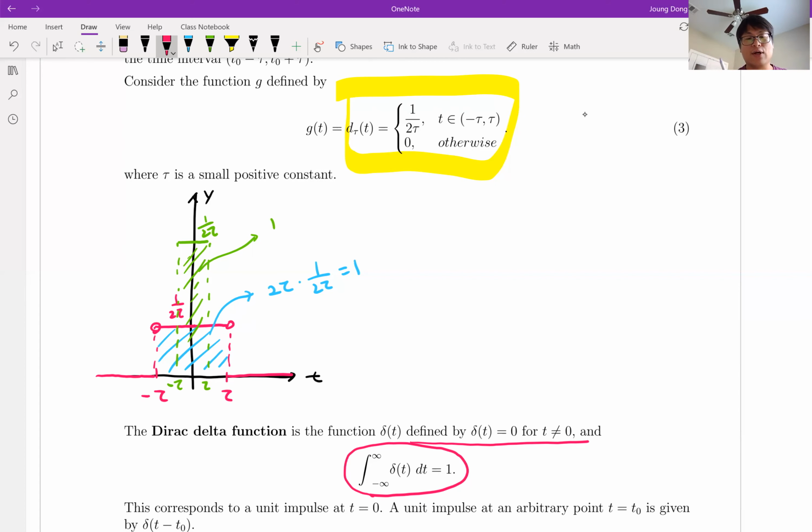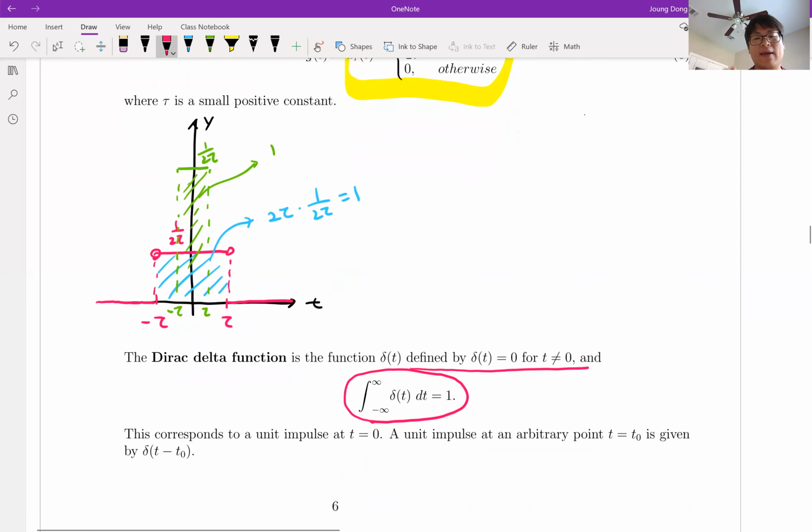To define my delta function, or the impulse function g, we send tau to 0, which means we try to make it as thin as possible. This is a way to define the Dirac delta function. If you want to say the impulse happens at time t equal to t0, then we can use this notation, delta of t minus t0.